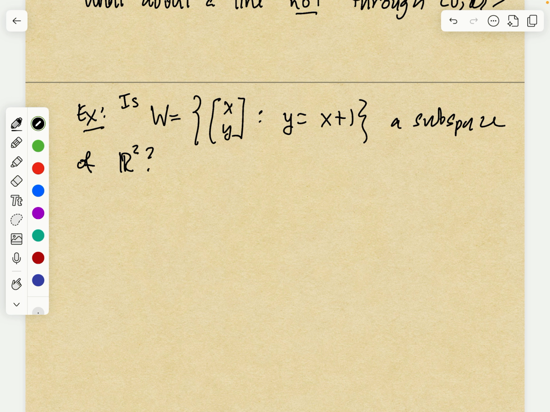To be not a subspace means either it's the empty set. Well, is W the empty set? No, right? For instance, the vector (0, 1) is an element of W. So W is not empty, but if it's not closed under addition or not closed under scalar multiplication, then it's not a subspace. So let's see if W is closed under addition. What do you think?